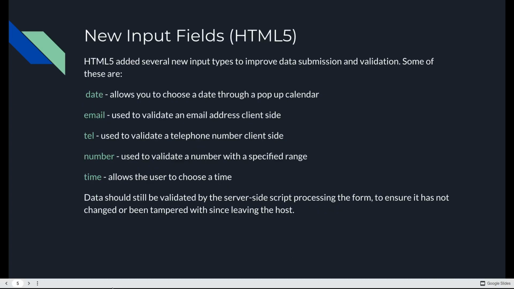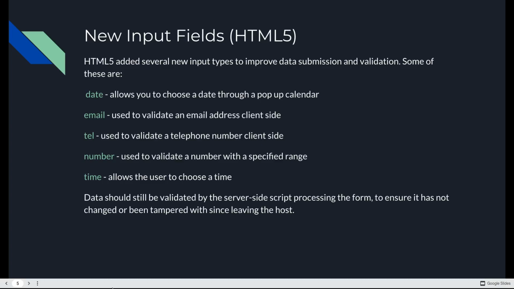Now HTML5 added several new input types to improve data submission and validation. Some of these are things like the date input type, which allows you to choose a date through a pop-up calendar in your browser. You've probably seen these in use. Email is used to validate an email at least through HTML on the client side.